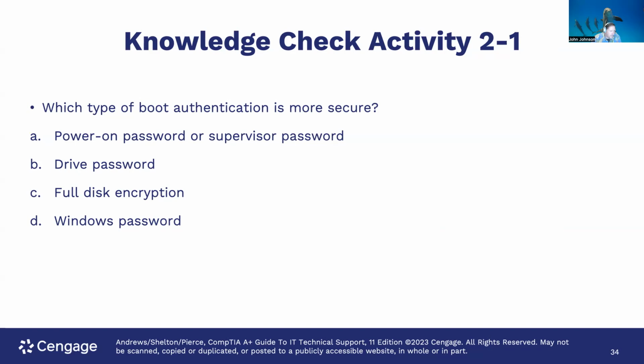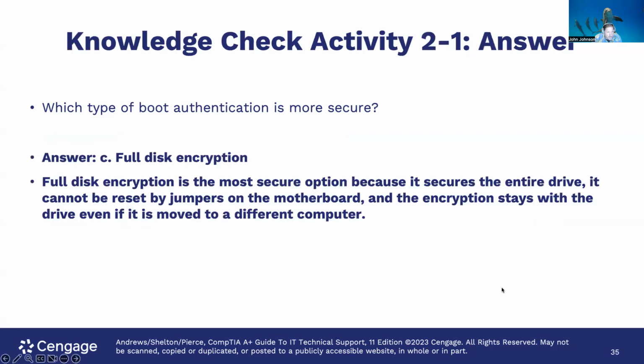But it's not going to give you the layer that letter C will, full disk encryption. Full disk encryption is going to encrypt everything and make it where your drive can't be accessed on another system. So that seems to me to be the most useful one. Then Windows password. Windows password is good, but of course that only protects you at the operating system level where you're logging in. So let's go ahead and take a look here.